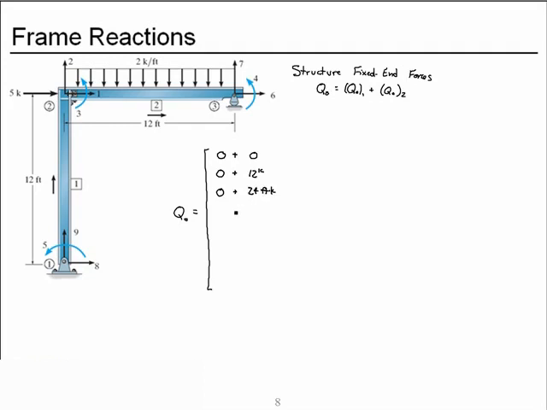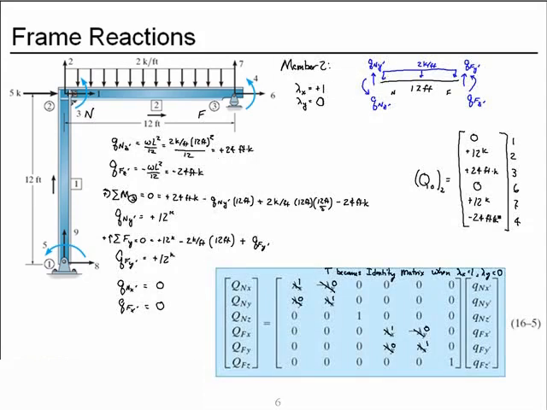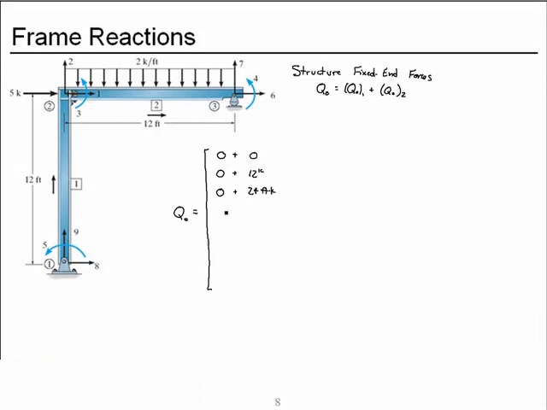Now degree of freedom 4, which is only attached to member 2, so we need only look at capital Q naught for member 2. And for degree of freedom 4, we had a minus 24 foot kips.